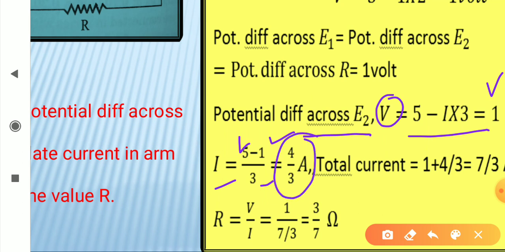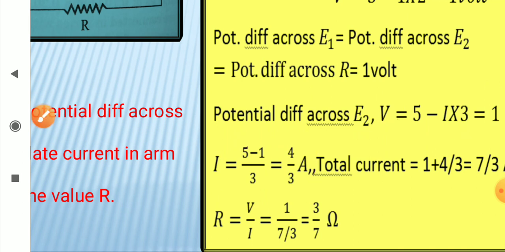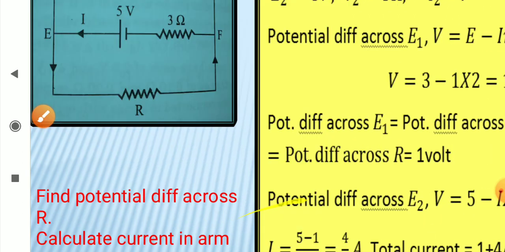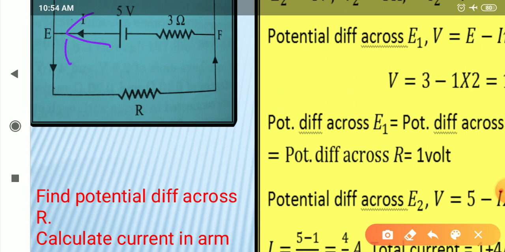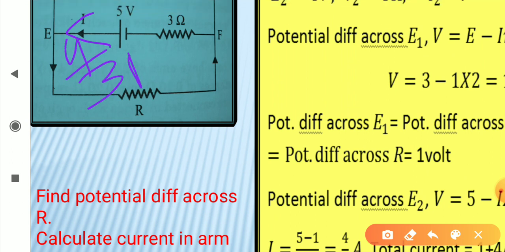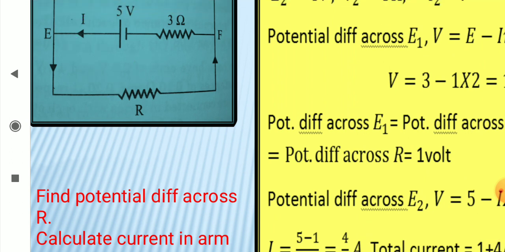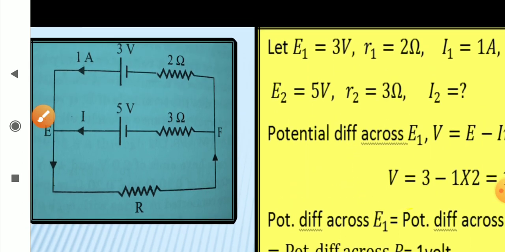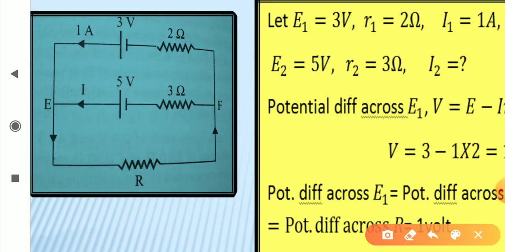So current drawn from the second cell, this one, see, this is 4 upon 3 ampere, right? And see, this current is 1 and this current becomes 4 upon 3 ampere.